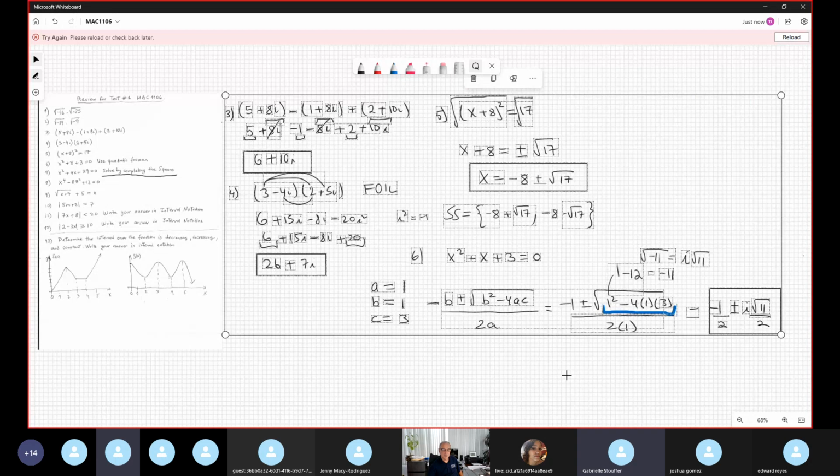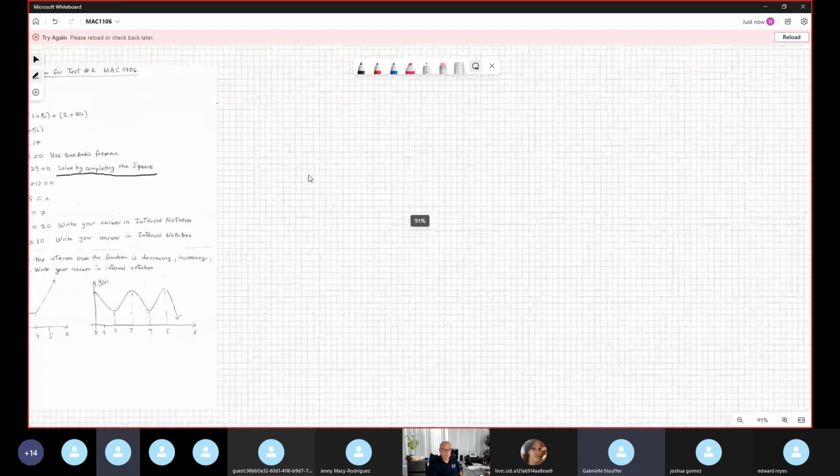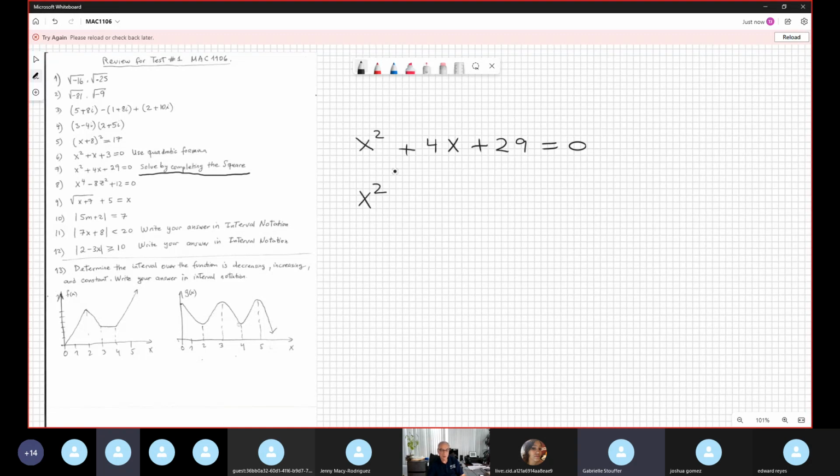Okay, let me copy. This is the last one for today. It's x squared plus 4x plus 29 equals 0. It's a quadratic equation already expressed in standard form, but they want you to use completing the square. I bring down x squared, I bring down 4x.